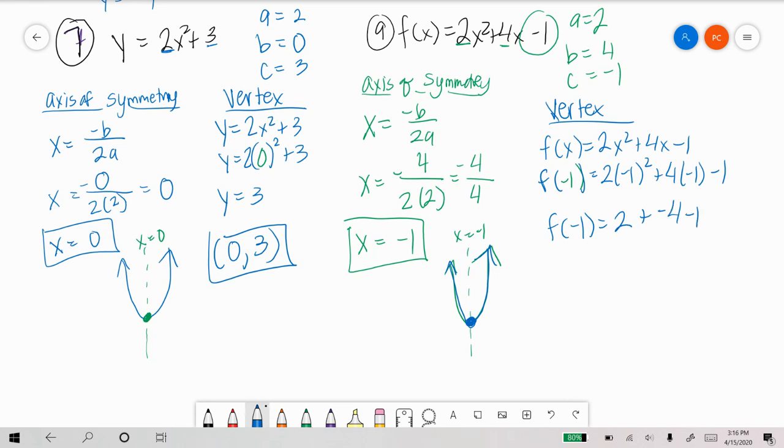When we add all of those together, negative 4 plus negative 1 is negative 5, plus 2 is negative 3. f of negative 1 equals negative 3, which means that the vertex is at the point where x is negative 1 and y is negative 3. Negative 1 comma negative 3. Okay? All right.